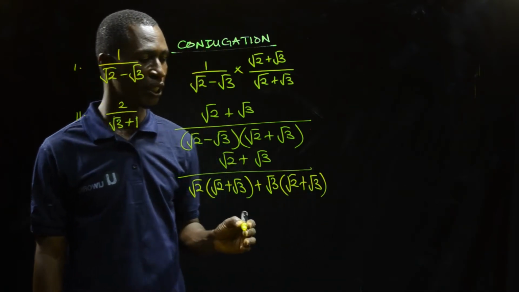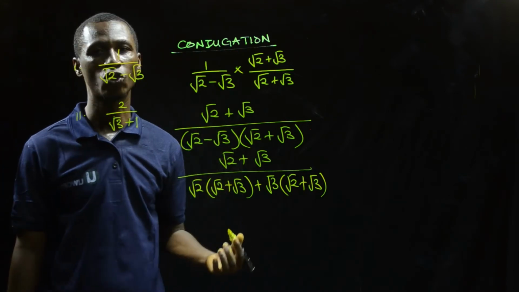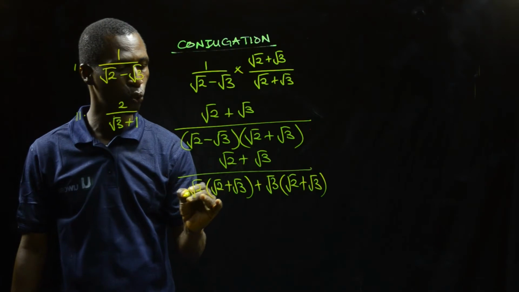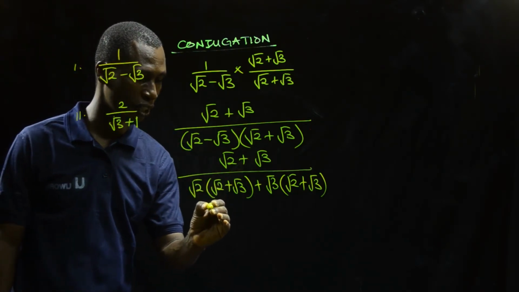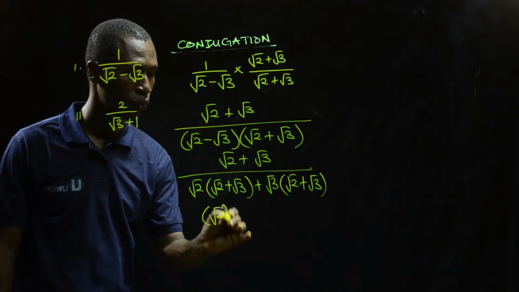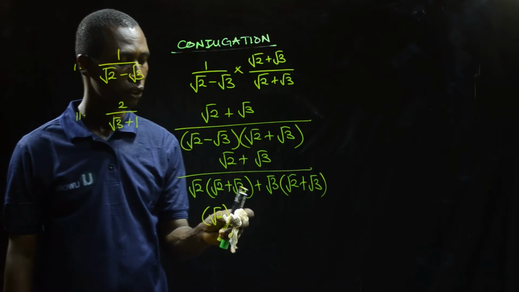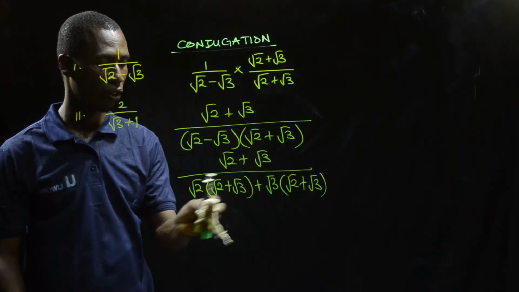Good. So you see how I'm doing it, like we do normal expansion when we were doing algebra. So first part, root 2 times root 2: the figures under the root are the same, so I'm going to get root 2 squared. But before that, remember, you don't get confused, so I just take my numerator along.